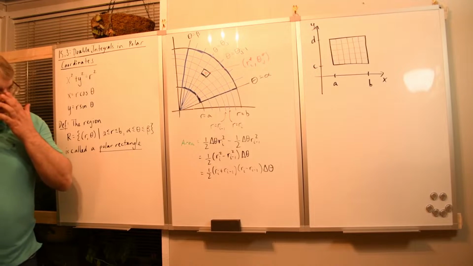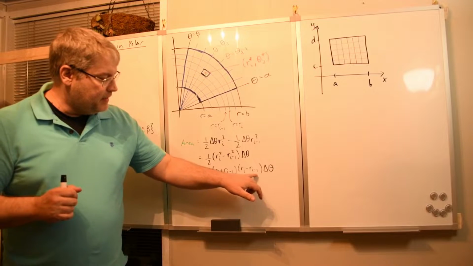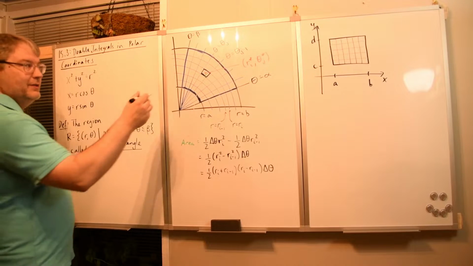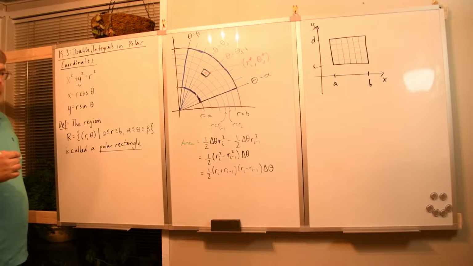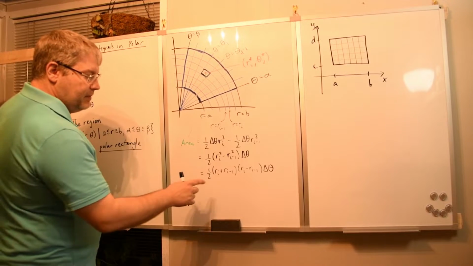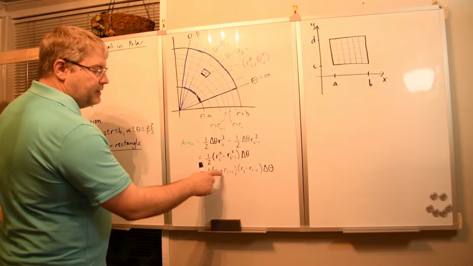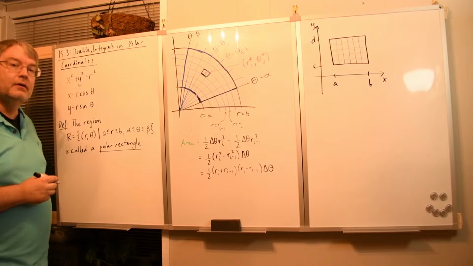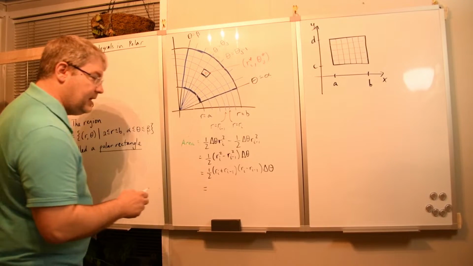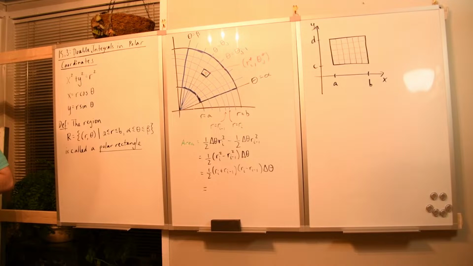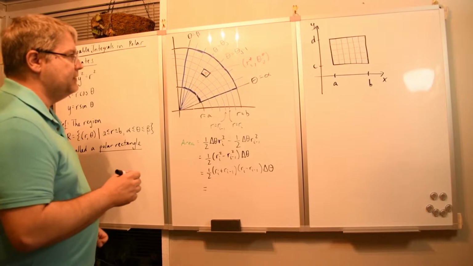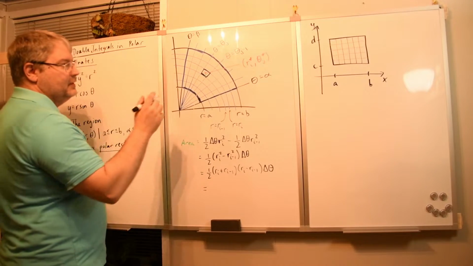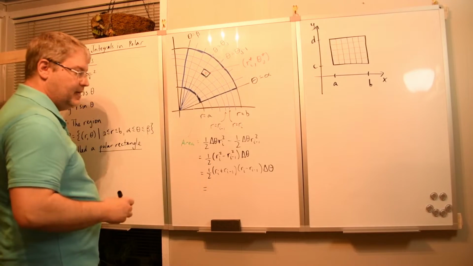Now, something interesting to keep in mind is that r sub i minus r sub i minus 1 is simply the distance between the two radii we have here. In this partition, the distance between the radii, we're calling delta r. Also, keep in mind that 1/2 times r sub i plus r sub i minus 1 is actually the average of the two radii. So with this in mind, we're just going to call that average radius r sub i star, because once again, this point was halfway, right in the middle of this region, so it's halfway in between the two radii.